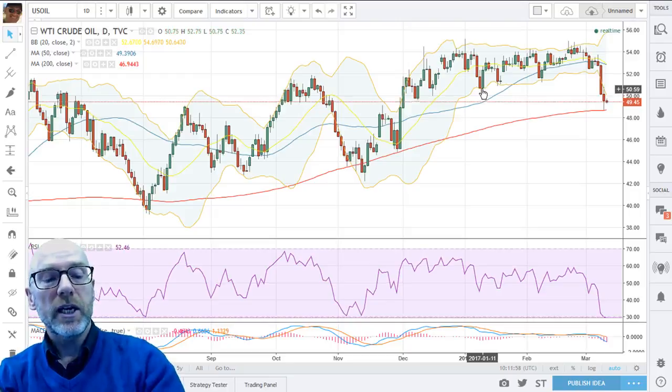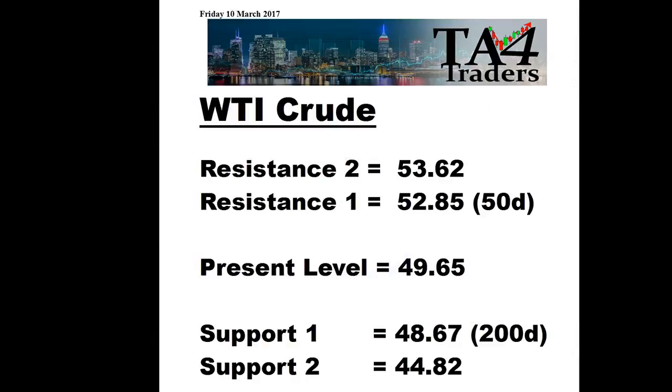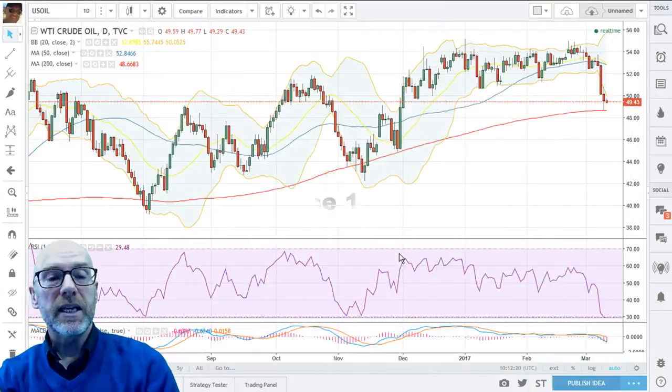Looking at the longer term, the resistance levels: there's the 50-day at 52.85, 53.62 above there, and then the key support, as I've said, is this 200-day at 48.67, then 44.82. But as I said, there's a potential for a rally up to the 51 level, where there'd be resistance there. The 200-day is the key support to the downside.